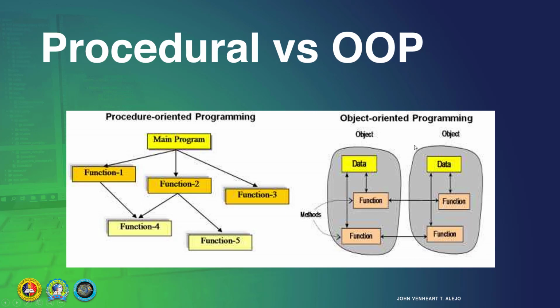So OOP relies on the concept of real world objects. Okay? All objects probably have the same data characteristics, and we have functions that you can use within another function. Later on, we will go deeper into how we're going to use functions within functions.